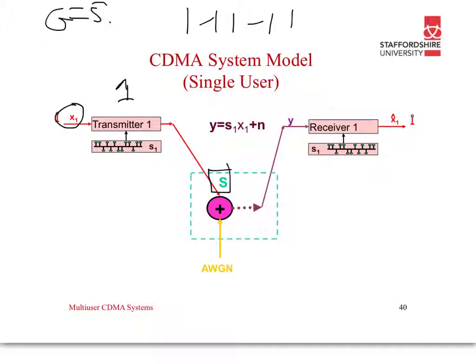Then at the receiver, we would multiply our received signal, or Y, by the same S1, and then we should recover X hat 1, or X hat should be equal to X1 if there is no noise and if the codes are orthogonal.